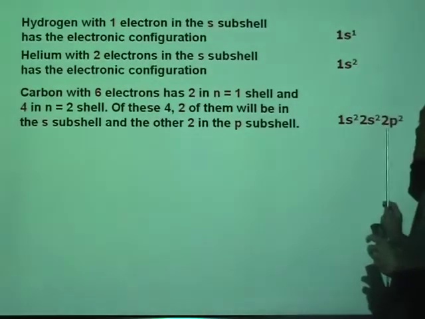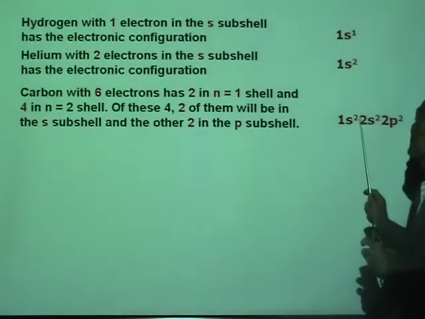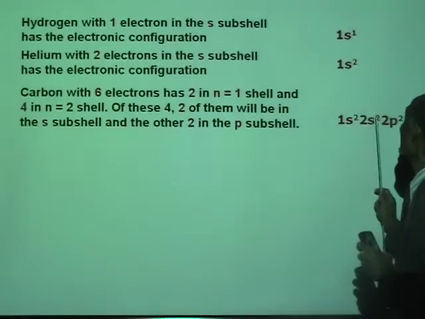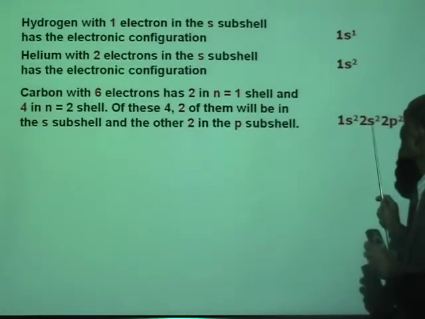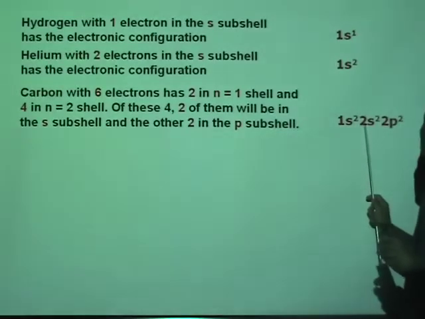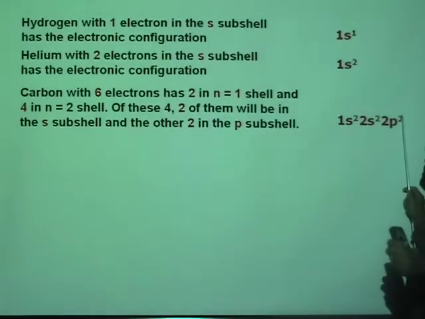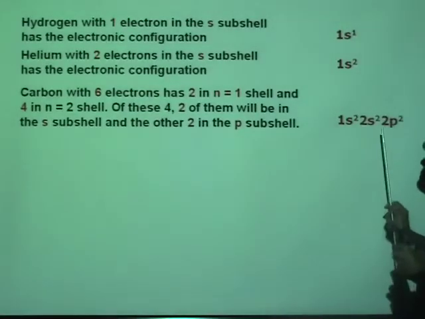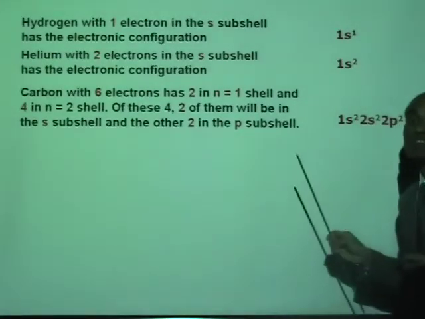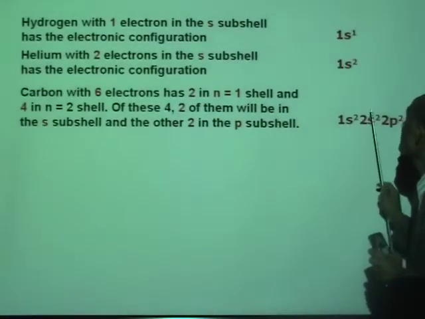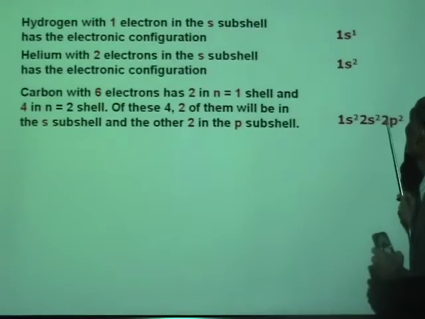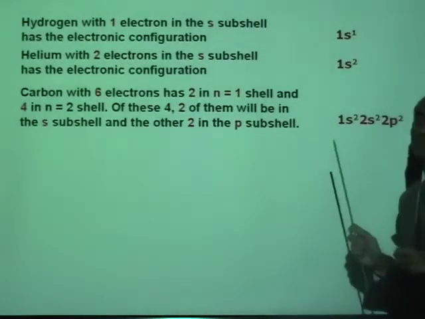Now we go to n equal to 2. 2 electrons in the s subshell of n equal to 2. And the remaining 2 electrons in the p subshell of n equal to 2. So the electron configuration for carbon is 1s2, 2s2, 2p2.